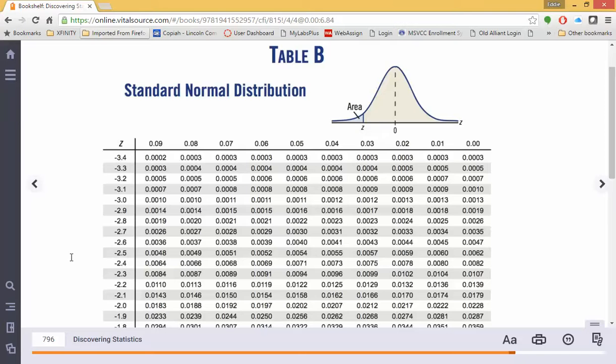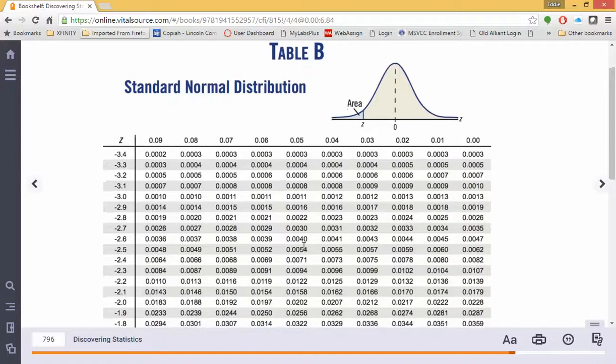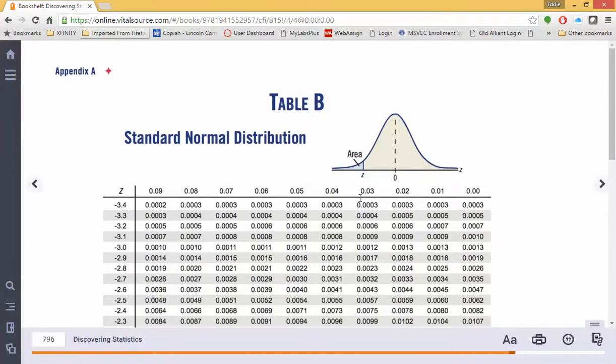It just so happens that this normal curve does correspond to a probability. So all these decimals are going to be the area under the curve up to that value of z. So it's cumulative left to right.